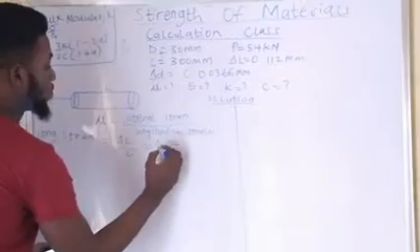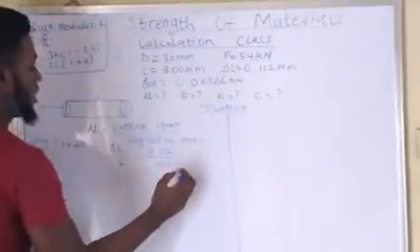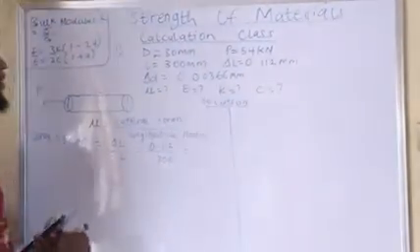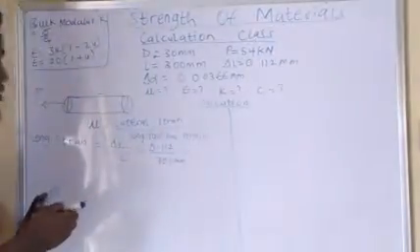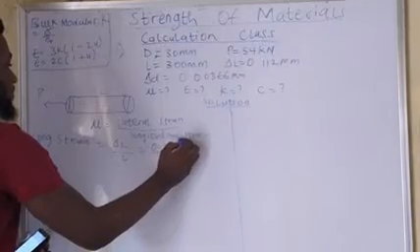So the change in length, as we have in the question, is 0.112 over 300, in millimeter.